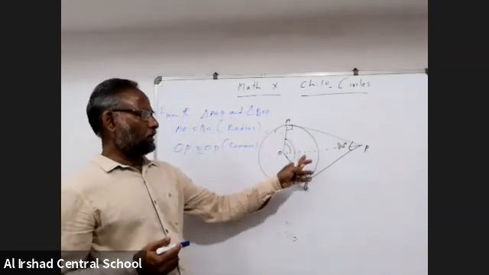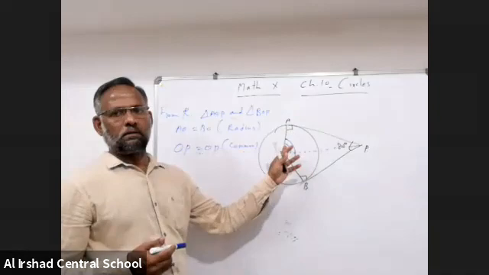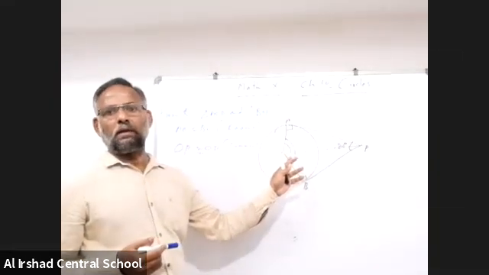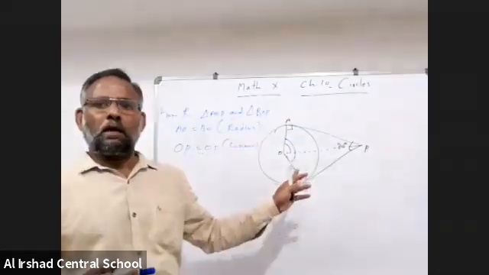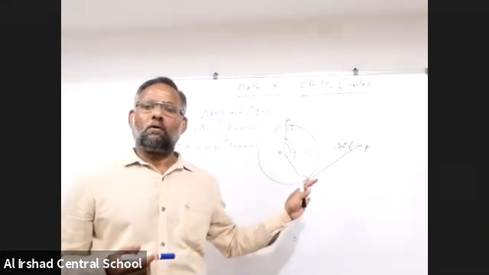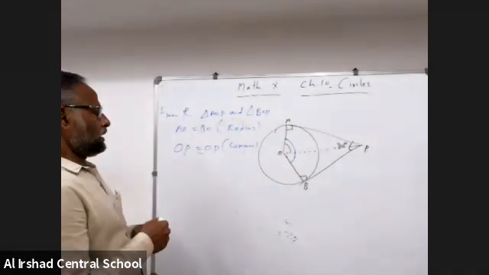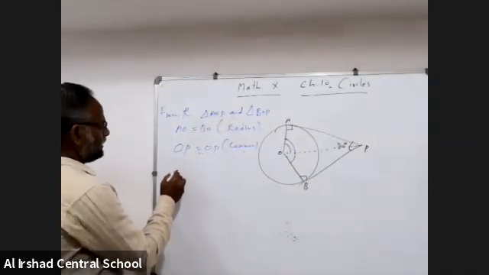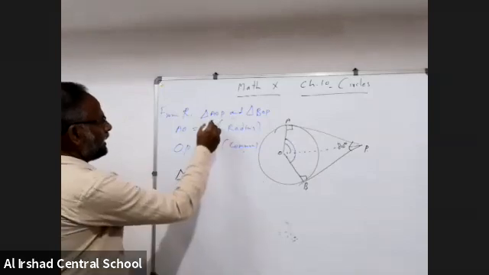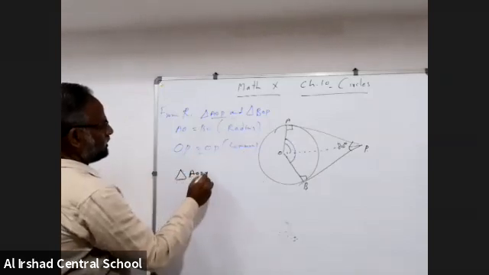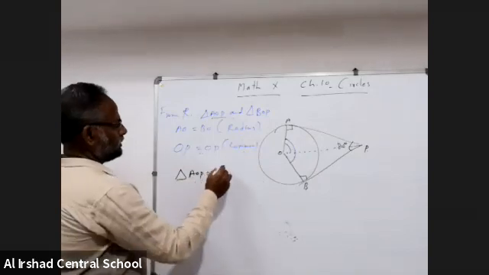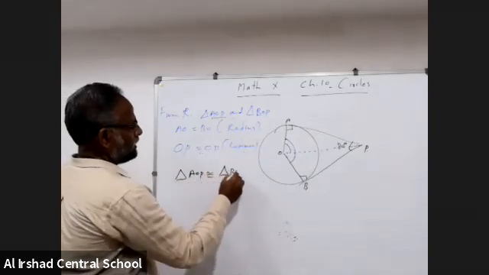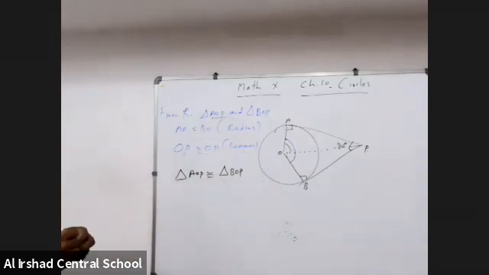Two right triangles whose hypotenuse and one side are respectively equal to the hypotenuse and one side of another triangle. That is why we can write right triangle AOP is congruent to triangle BOP.